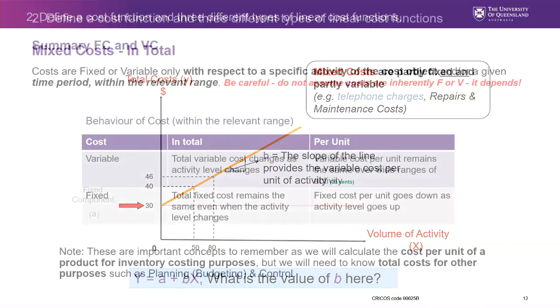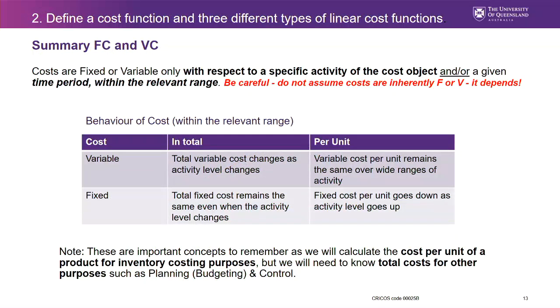Great. This slide is important because if you're asked a question about cost behaviour, you must read it closely, because variable and fixed costs behave in total the way we've just described. In total, variable costs increase with the more units that you produce. In total, fixed costs remain the same in the relevant range of activity.